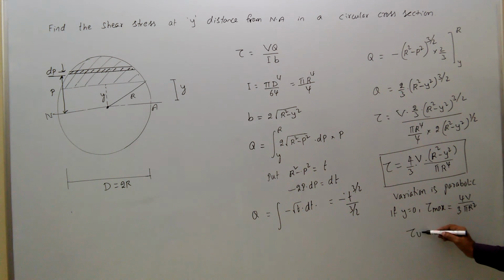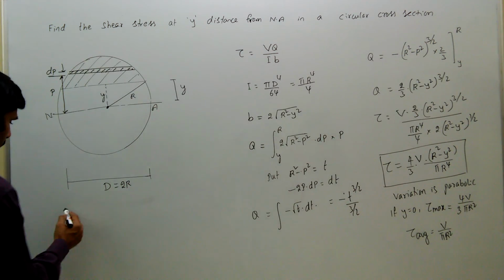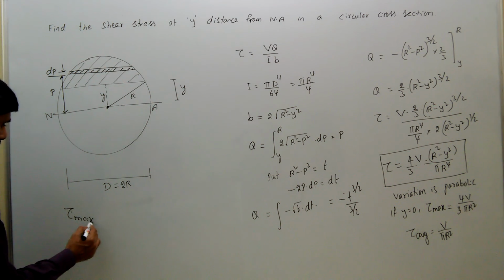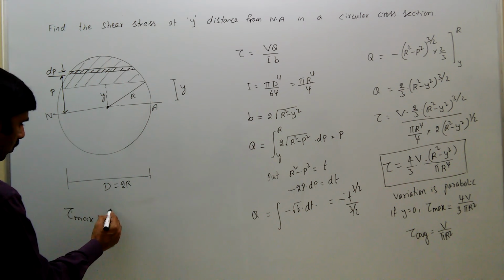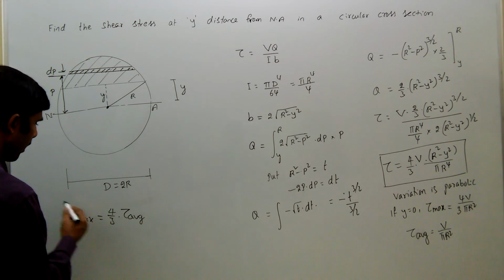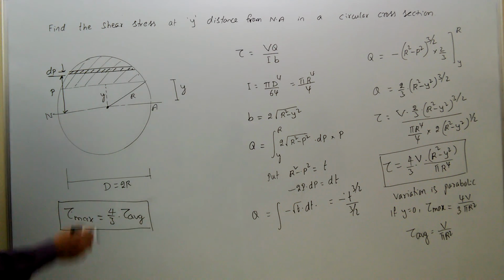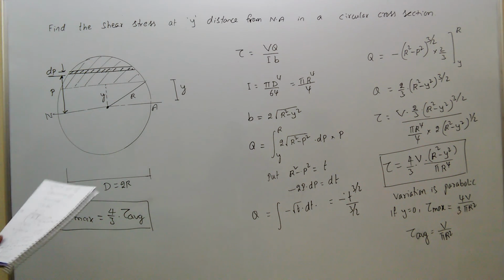So tau average equals V by pi r square. Therefore tau max equals 4 by 3 times tau average. In a circular cross section, tau max equals 4 by 3 tau average.